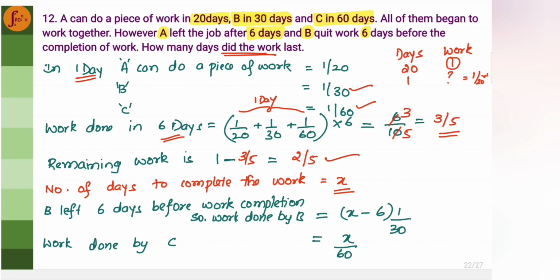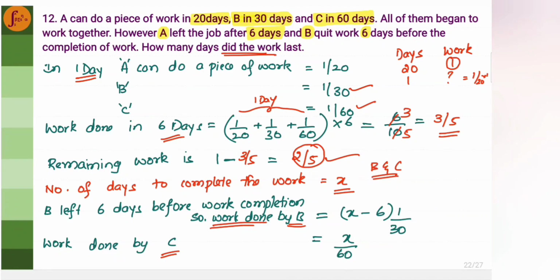We don't know the number of days spent to complete the entire work, but we can calculate the amount of work done by B and by C, and whatever work B and C do, the remaining work should get completed. What is that? 2/5. This work should be completed by B and C.